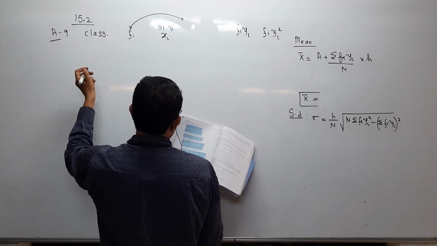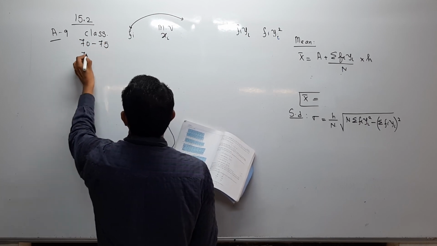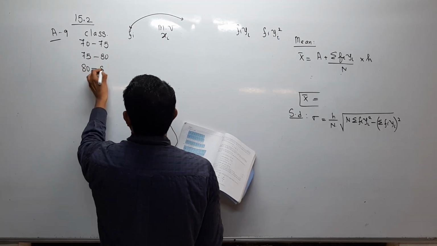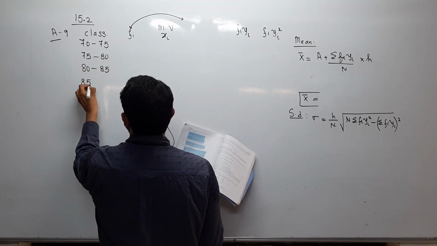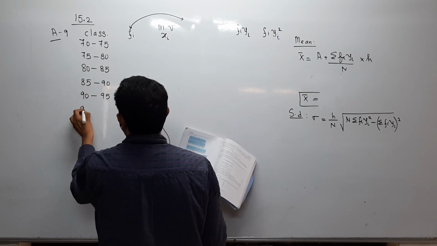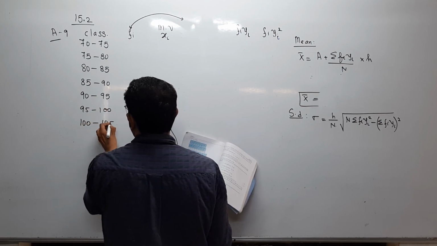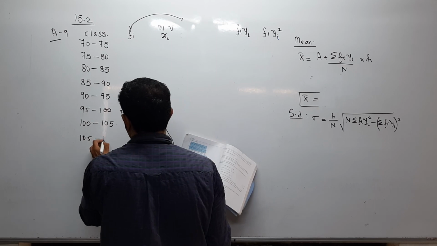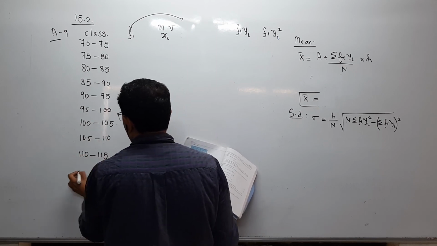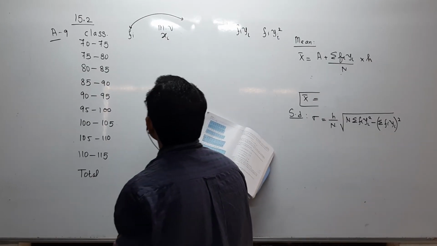Okay, the classes start from 70 to 75, 75 to 80, 80 to 85, 85 to 90, 90 to 95, 95 to 100, 100 to 105, 105 to 110, and the last class is 110 to 115.